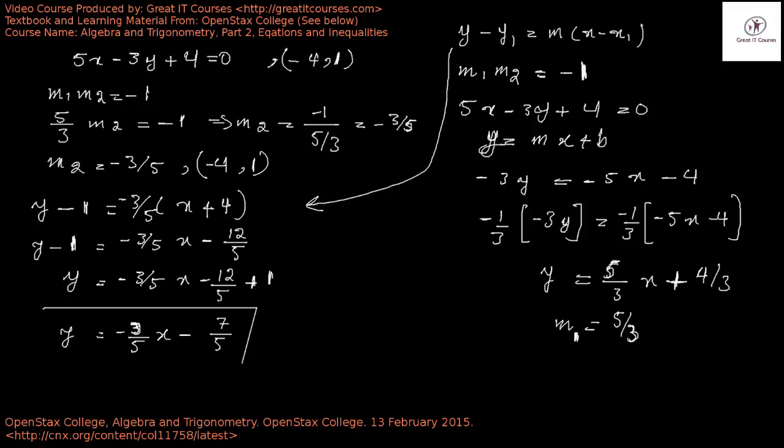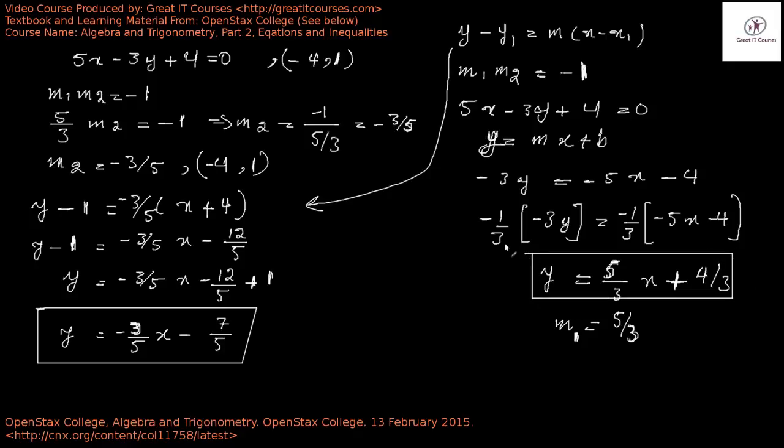Now the problem that we were trying to solve is that they gave us a line, and this was the baseline that I found here, and this was the new line. The baseline, as you can see here, has the slope 5 divided by 3, and the new line that I found here has the slope minus 3 by 5.